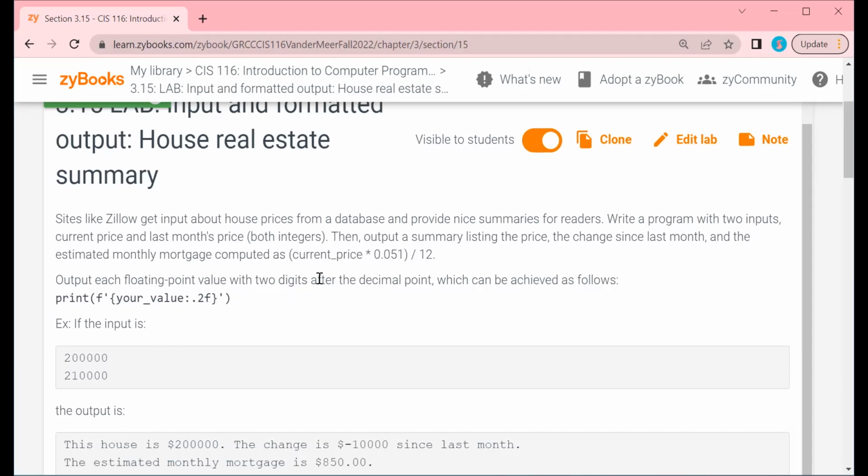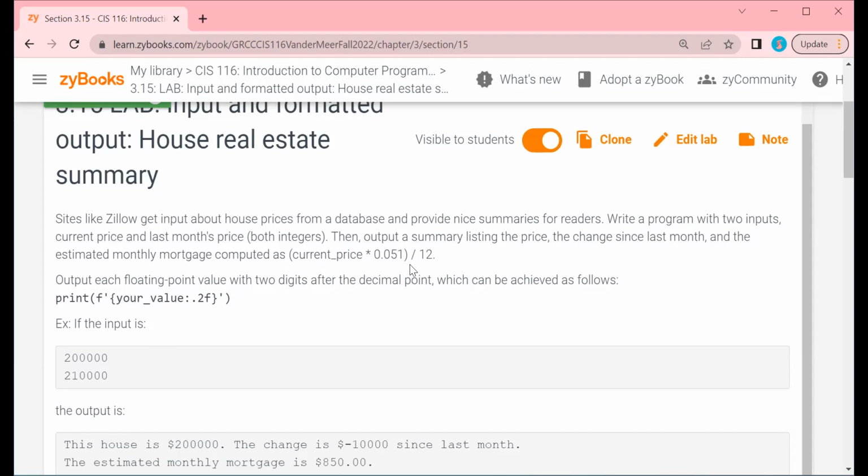And the mortgage is computed as the current price times 0.051 divided by 12, which would be the months. And then I'm going to format it.